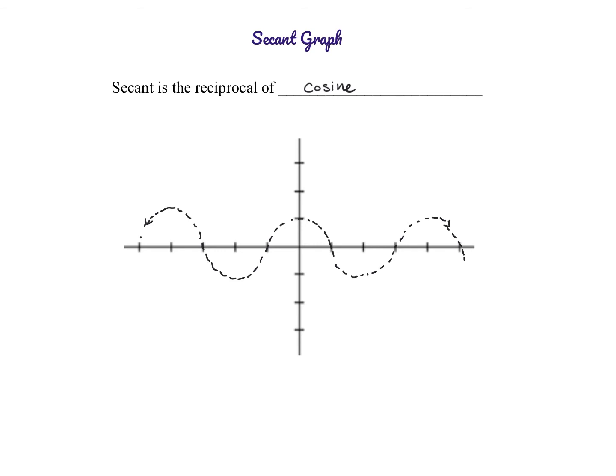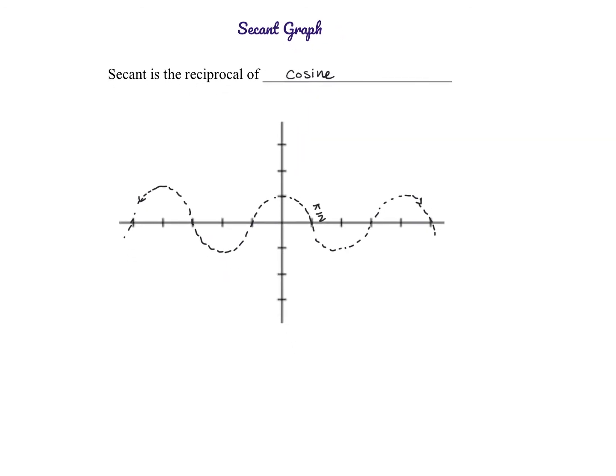We can continue down a little more, and we are scaling this by pi over 2. Remember, wherever cosine is equal to 0, its reciprocal secant will be undefined, and therefore we will have an asymptote.